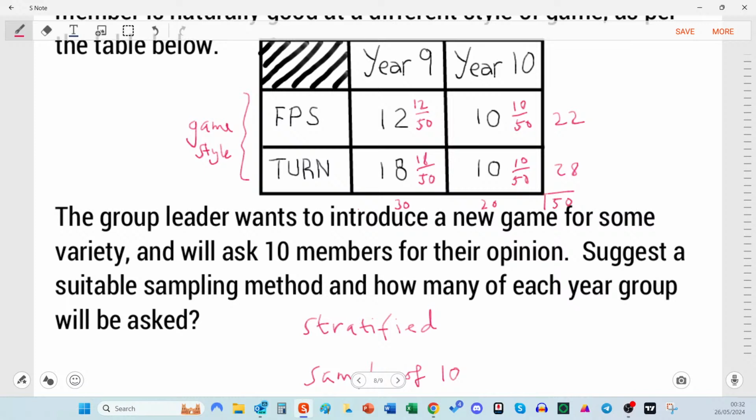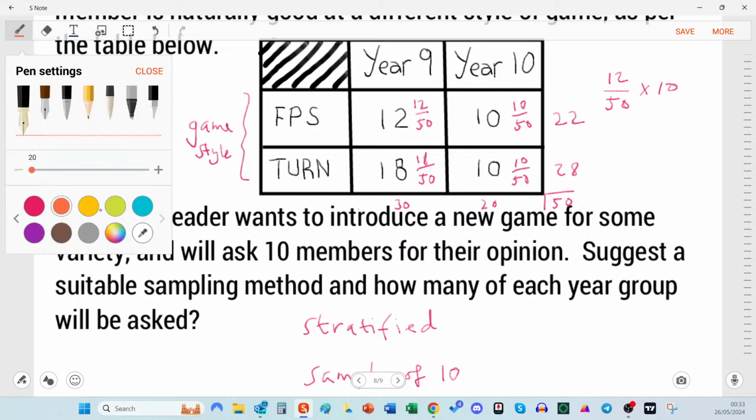So if we're talking about any individual group, let's say you wanted to know how many year 9s from first person shooters are going to be picked, it'll be 12 50ths, which is 6/25ths, of the 10. It's like a proportion.